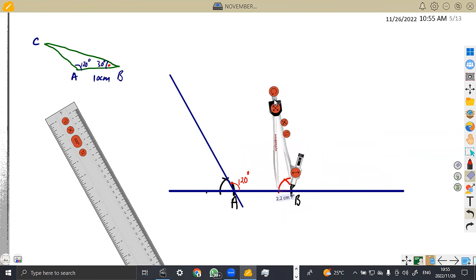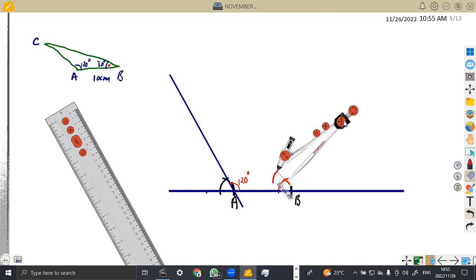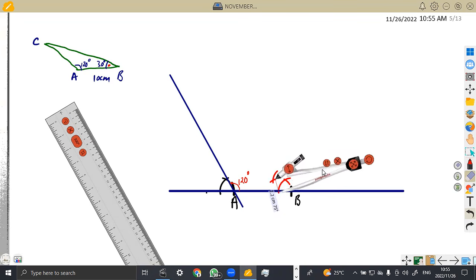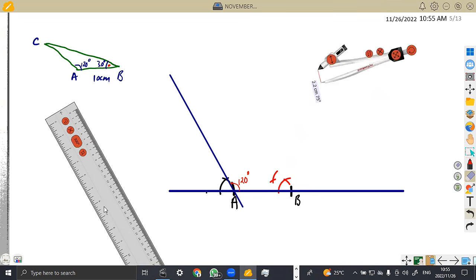We are going to bisect. So you can change this and mark an arc inside without changing. You also mark an arc from this other end back to this point like this. This angle will automatically be 30 degrees.